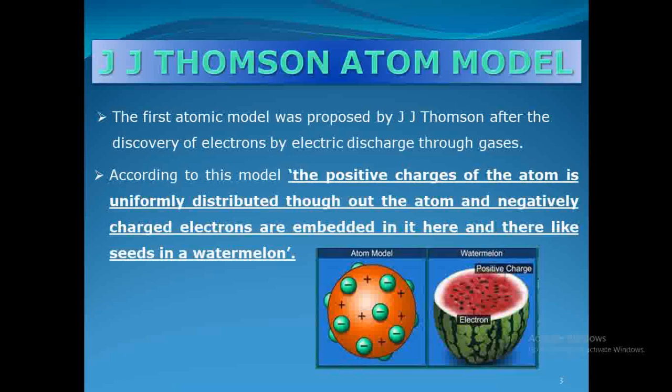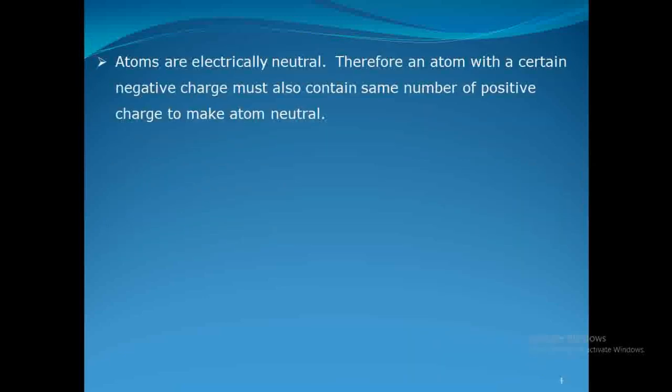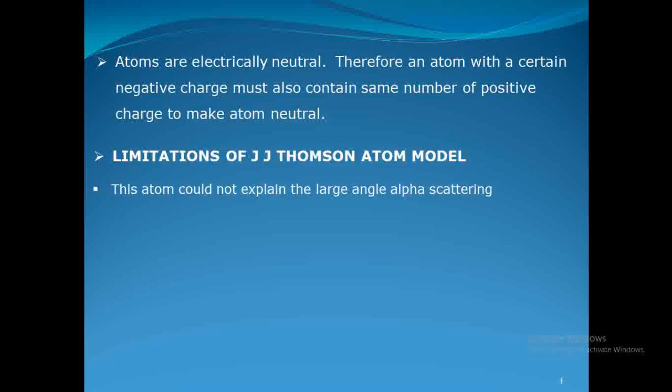But the main failure of this J J Thomson atomic model is that it could not give any idea about the spectral series. Of course, it was able to explain the neutrality of the atom, but this atomic model failed to explain the line spectrum given by the atoms.